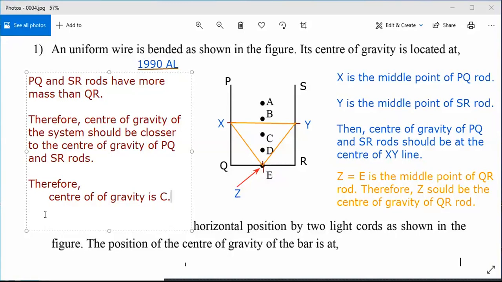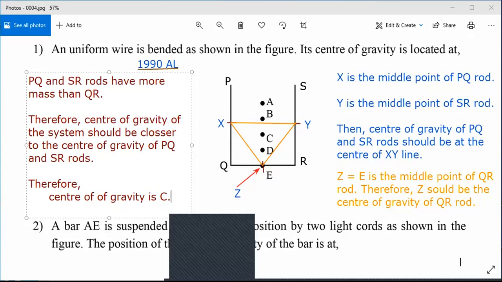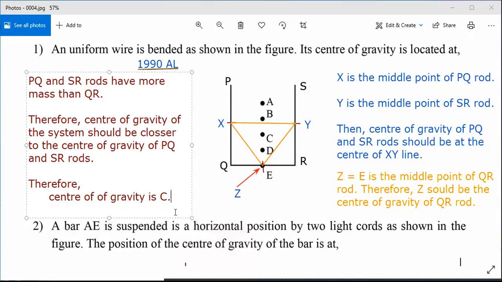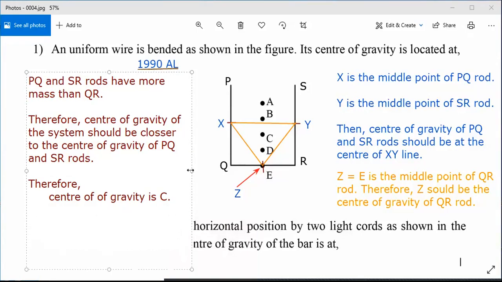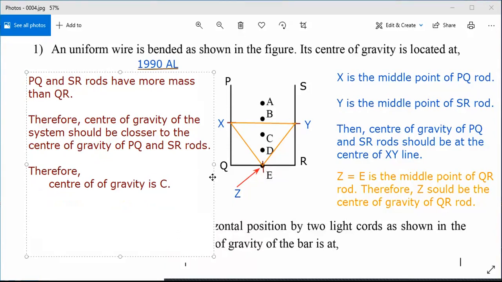Because writing a description like this in the examination is a completely waste of time. So you should get the answer by imagination.